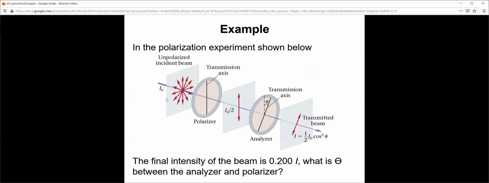Meaning, you take an unpolarized beam, send it through a polarizer, set this other polarizing filter to 50.8 degrees off of the transmission axis of the original polarizer, and the beam coming out at the end of all this gobbledygook and malarkey is going to be 1/2.5 the original intensity of the beam.